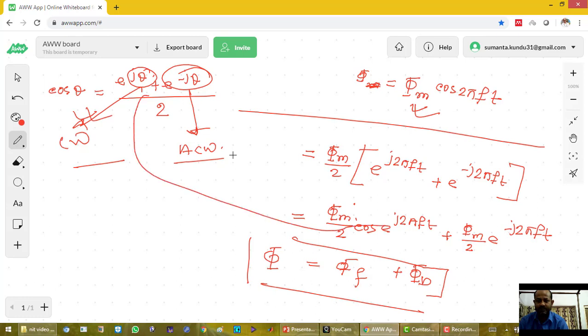So one is rotating in clockwise direction and another one is rotating in anti-clockwise direction. So I have implemented this here. The forward field is rotating in clockwise direction and the backward field is rotating in anti-clockwise direction. Okay.